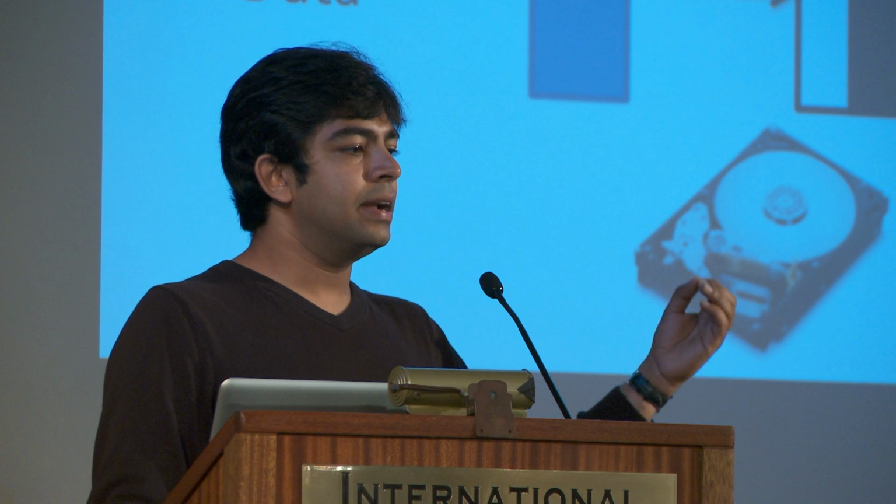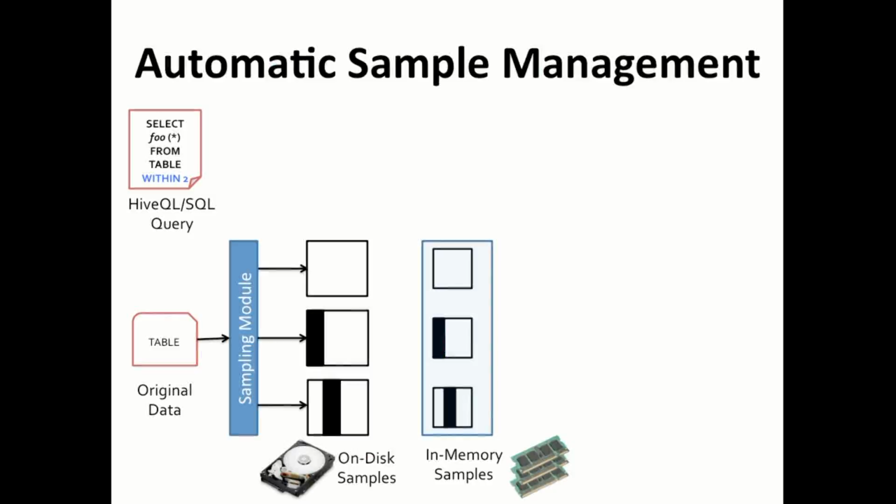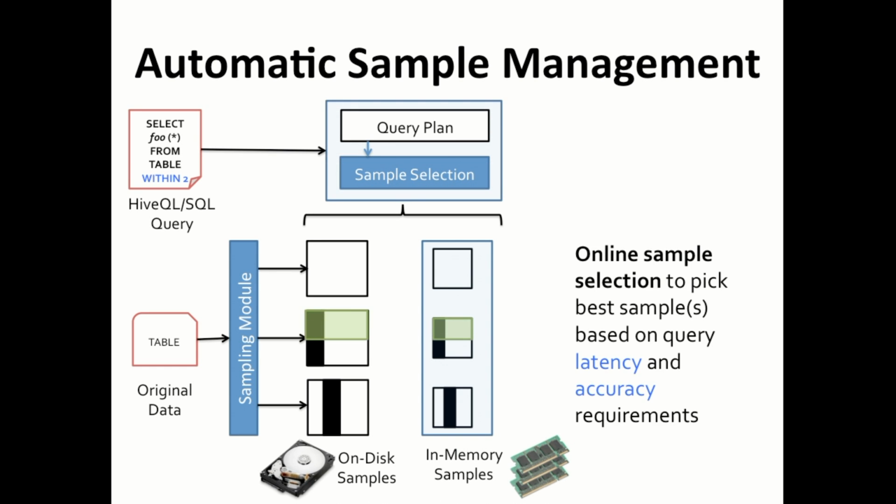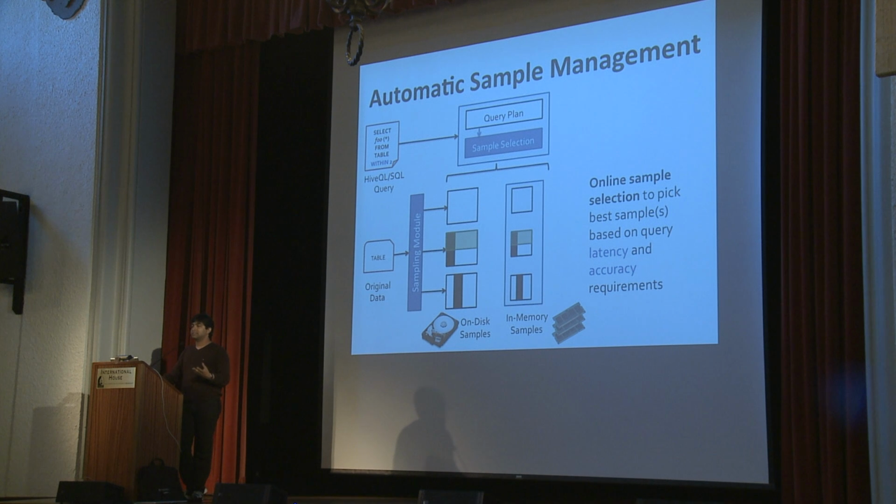Now, when a query comes into the system, instead of operating directly on the sample, it should just have a time bound or an error bound, in which case, first of all, a query plan gets created, and the sample selection module tries to select an appropriate sample and reads that part of the sample depending on the latency or the accuracy requirements of the query. And this, again, is a function of where this data is placed, how much data is to be read, the query characteristics, and the distribution of the data.